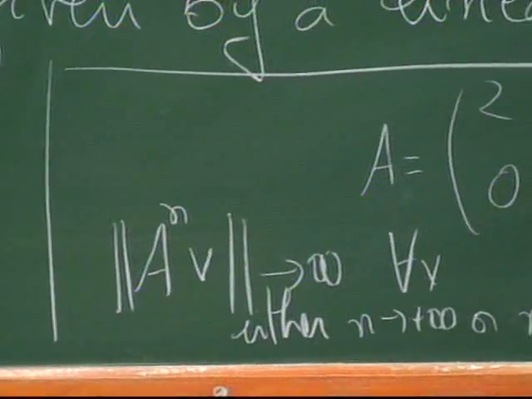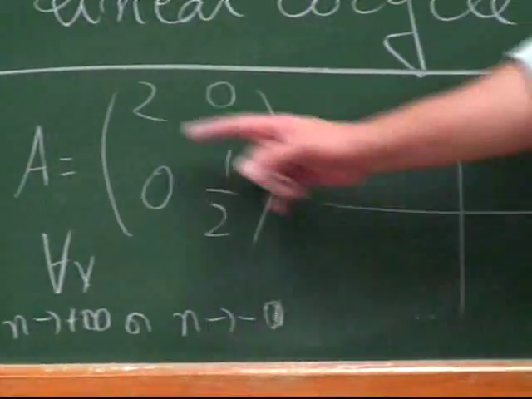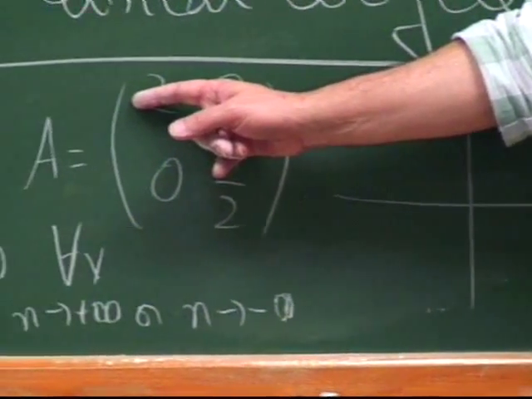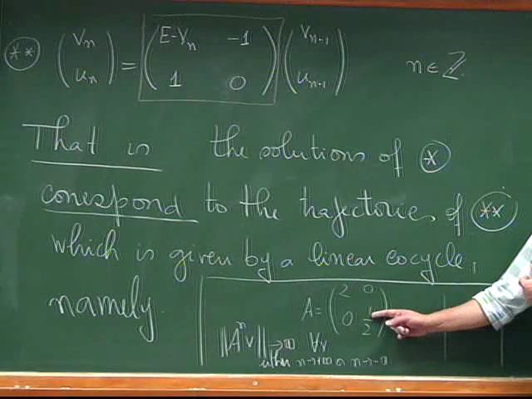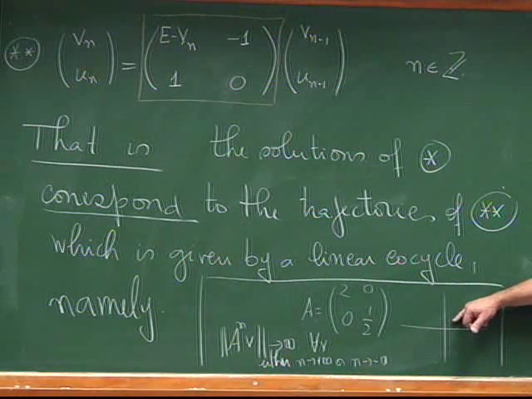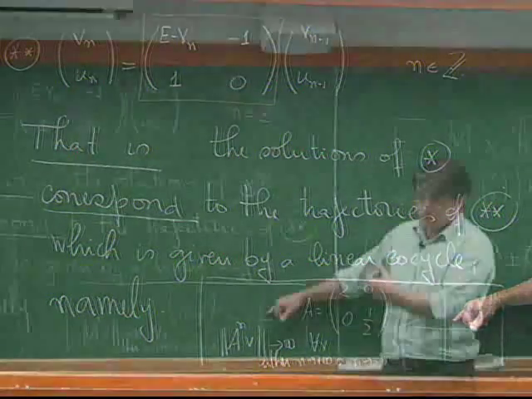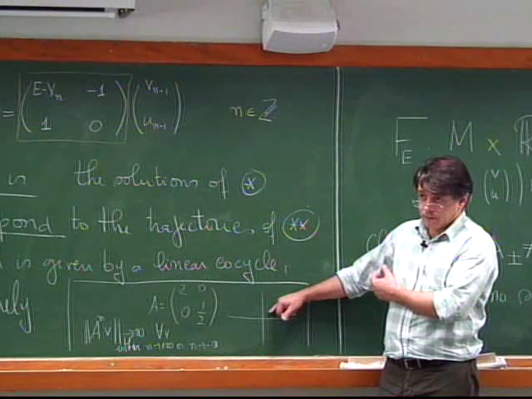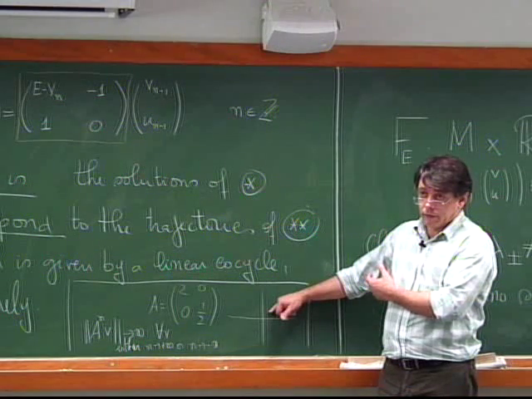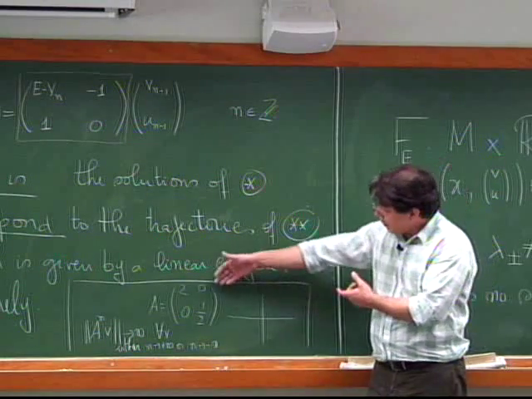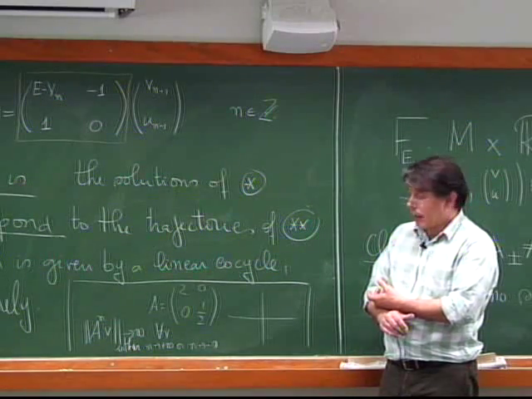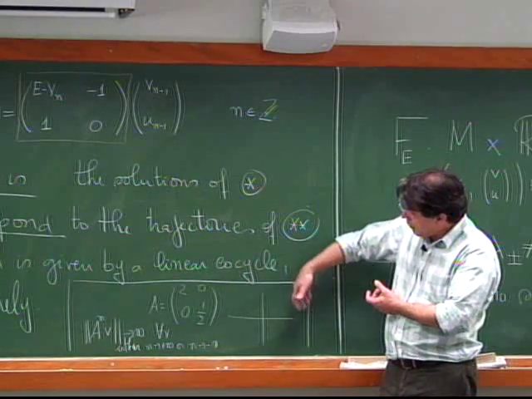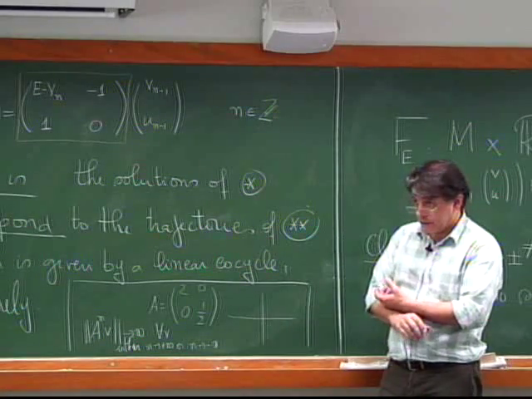For horizontal vectors, you iterate forward, and this 2 means that the norm is going to grow. For vertical vectors, you iterate backwards. And what about the other vectors? You can iterate both forwards or backwards, right? So for a map like this, all the orbits are unbounded. Actually, most are unbounded in the future and in the past. Some are just unbounded in the future, and some are just unbounded in the past.